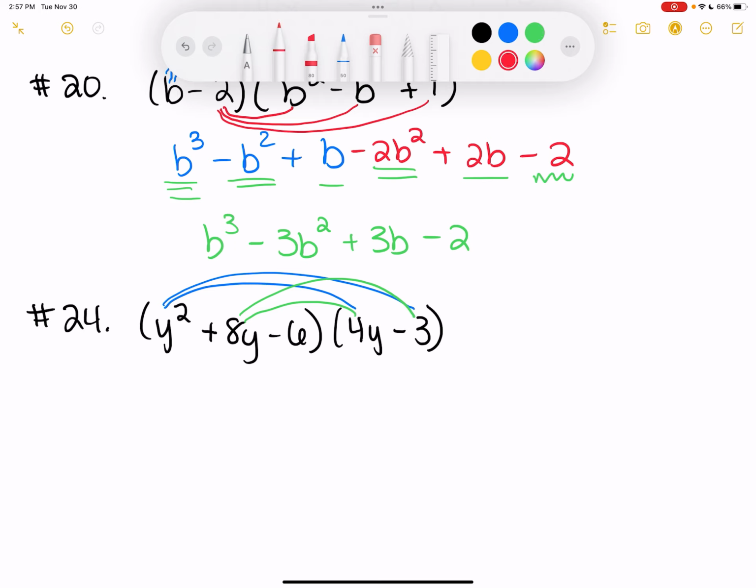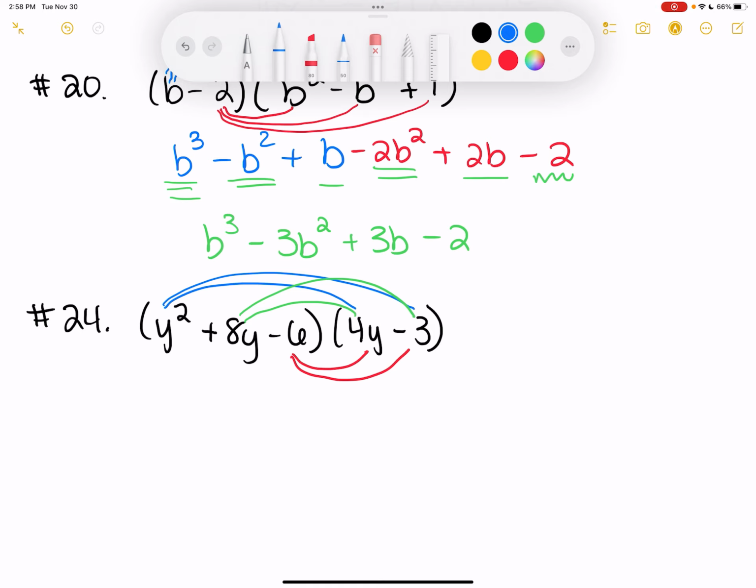And then negative 6 is going to be multiplied by 4y and negative 3. Every piece in the first one is multiplied by every piece in the second one. So I'm going to start with the blue arches, and then I'm going to do the green arches, and then the red smiley faces.